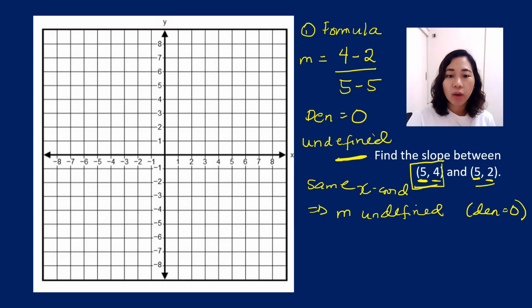Okay, let's look at this line when you graph it. Use a graph. So we have (5, 4), and what else? (5, 2).